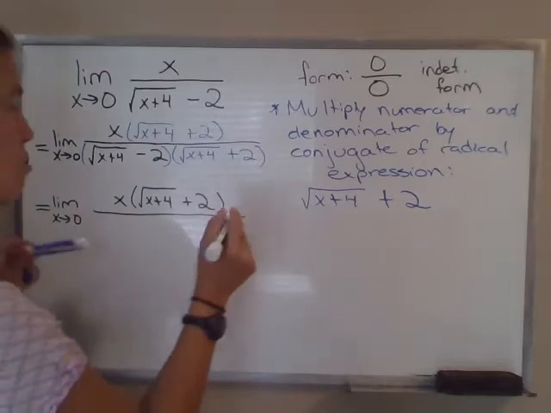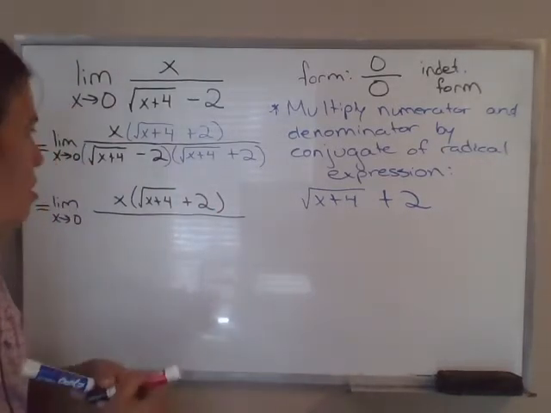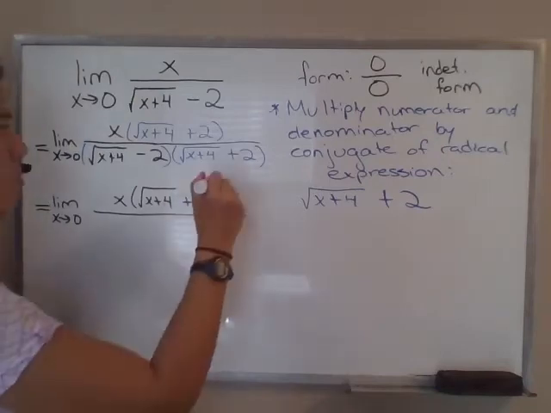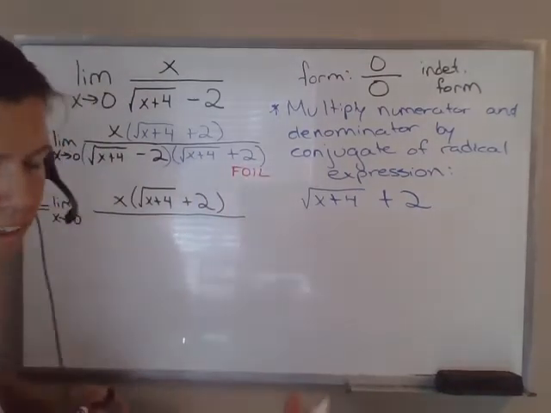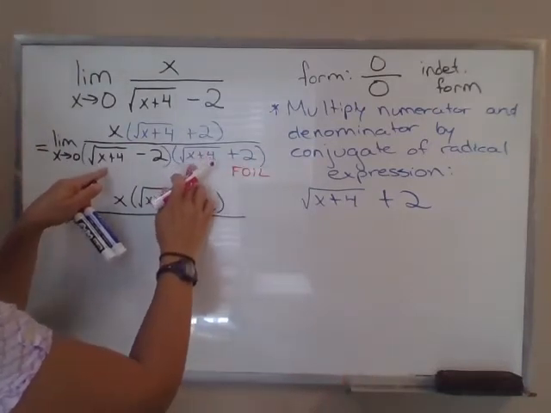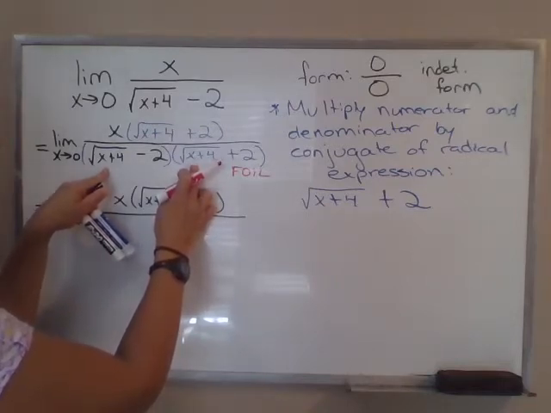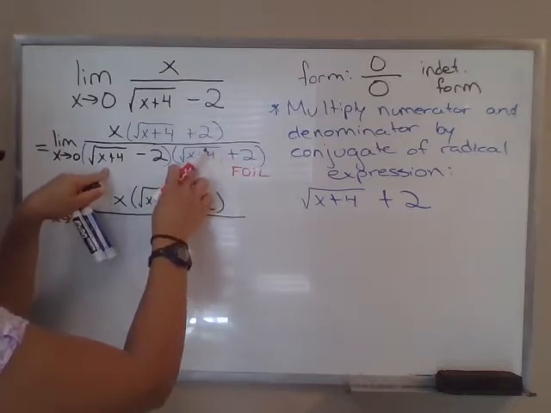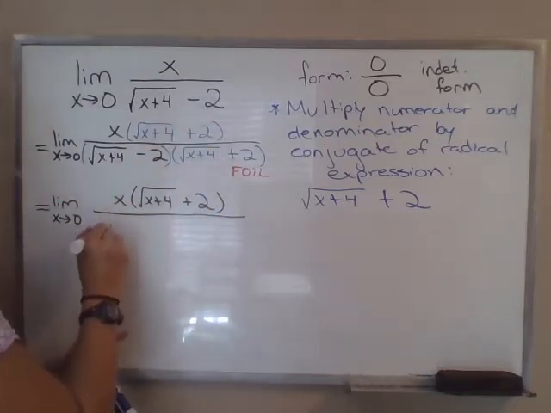So in this case, I'm going to do the old FOIL method. I'm going to get another color here. So we're going to FOIL in the denominator. First, outside, inside, last. It's just one way to think about multiplying out expressions like this. So the square root of x plus 4 times the square root of x plus 4. When you multiply a radical expression times itself, that means you're squaring the square root of x plus 4, and so that'll get rid of the radical.